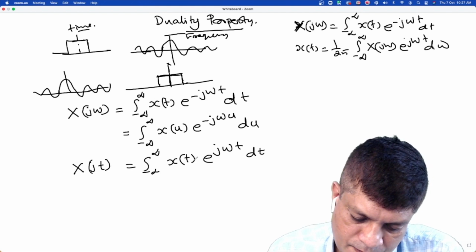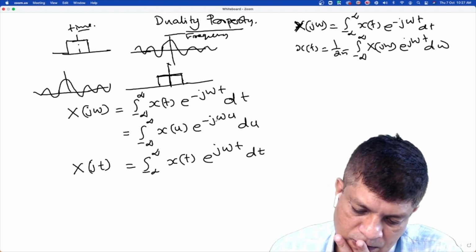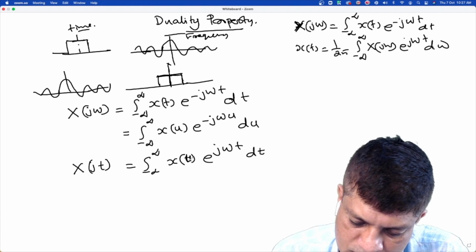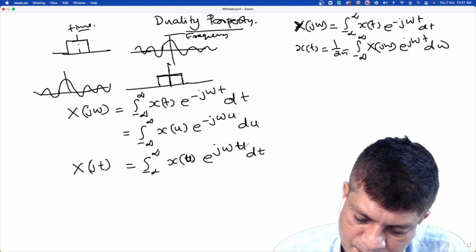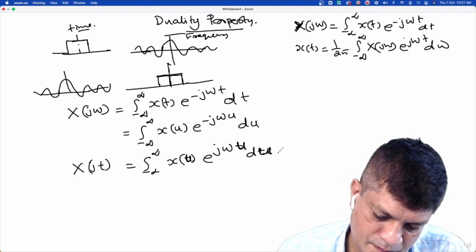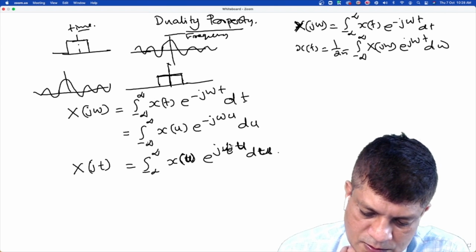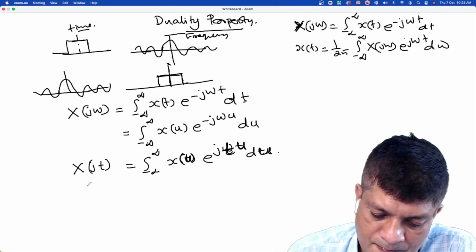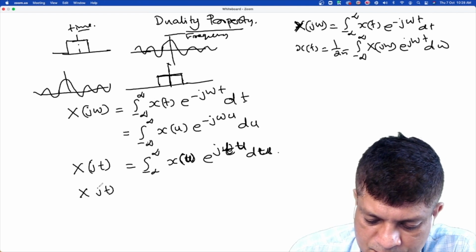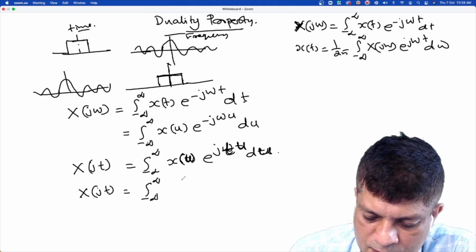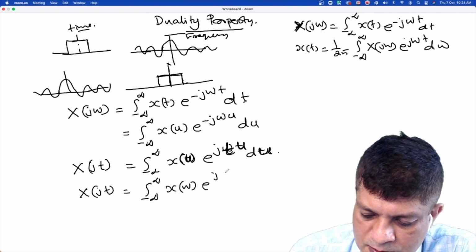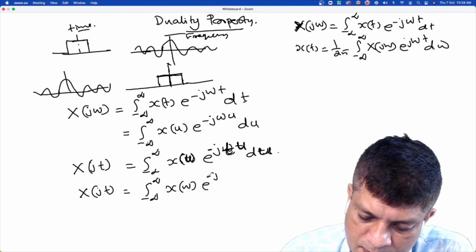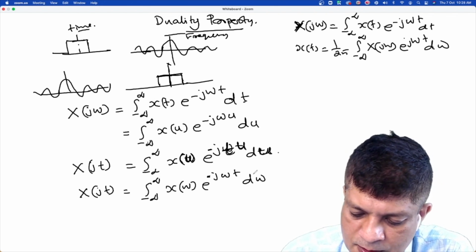It is X of j omega; I'm replacing omega with this, so we can write it as X of jt. So we can write it as X of jt equals the integral from minus infinity to infinity of x of omega e raised to j, and there is a minus sign here, minus j omega t d omega.